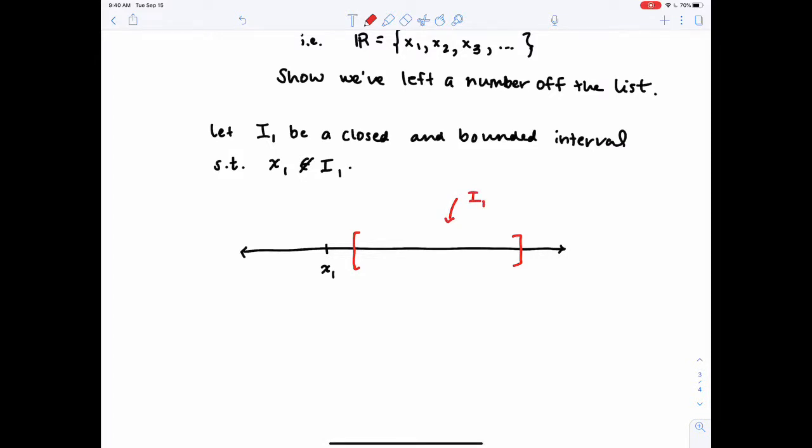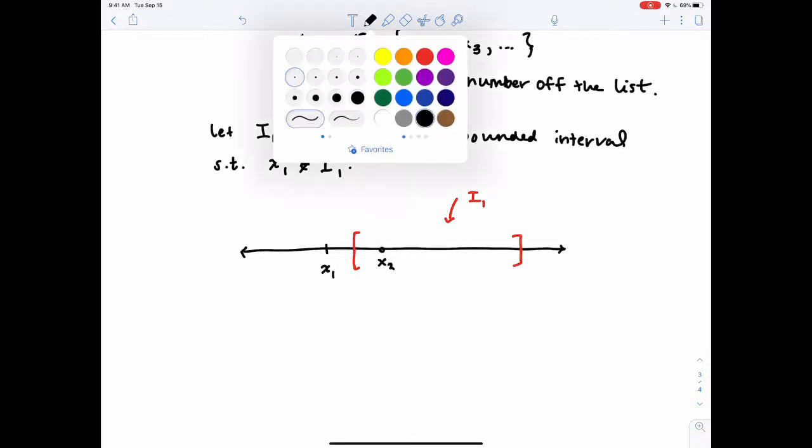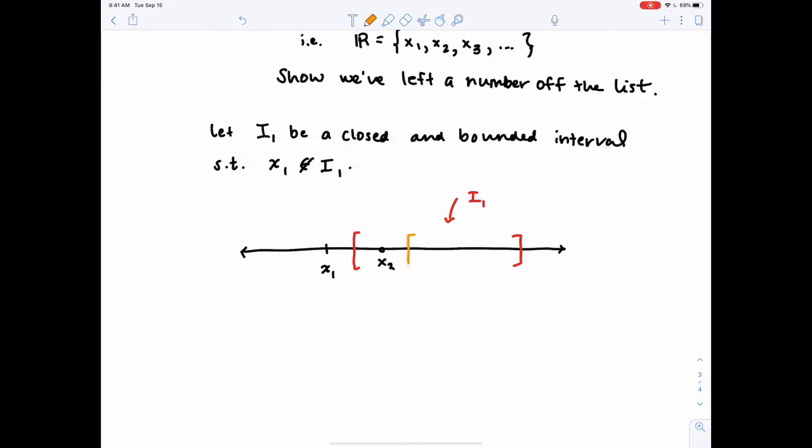I can continue this process such that I can now create a subset of I1 that I'm going to call I2, such that x2 gets left out of that. So imagine x2 was, say, right here. I could then create a subset, and this one would be I2.